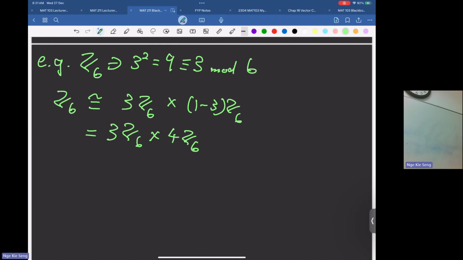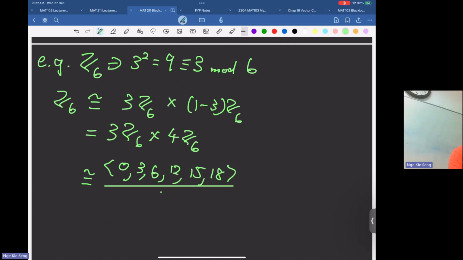Okay, so let's see what happened here. In the first case, I have 0, 3, 6, 12, 15, 18, right? But remember, we are living in mod 6. The other side, what do I have?